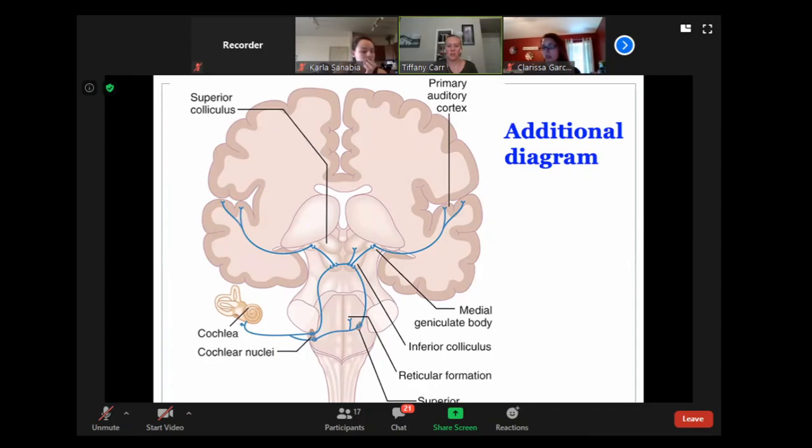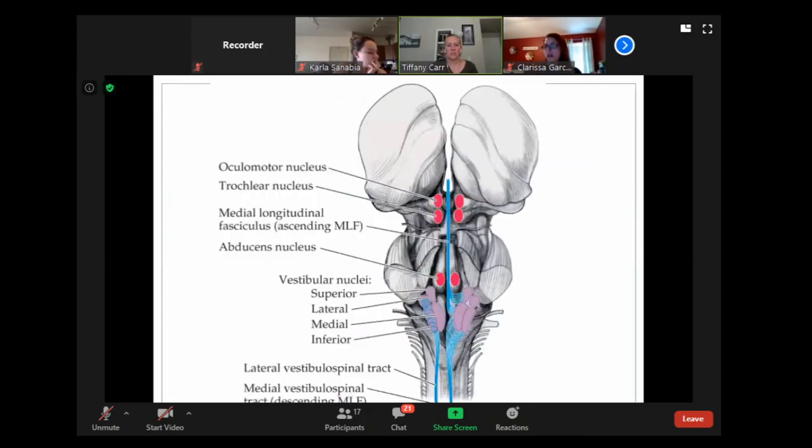This is just another diagram he gave us. All right, so this is our posterior view. Yes, just making sure I had that correct. So he has a few of the nuclei noted here and where they're going to lay out within the brainstem.